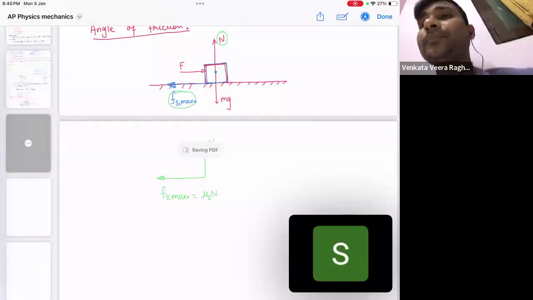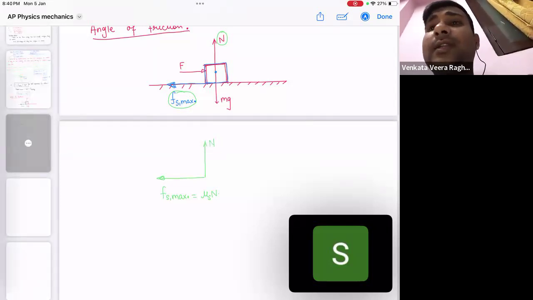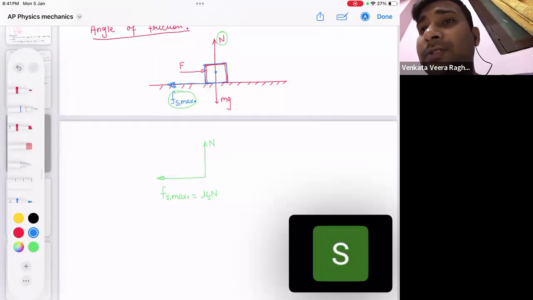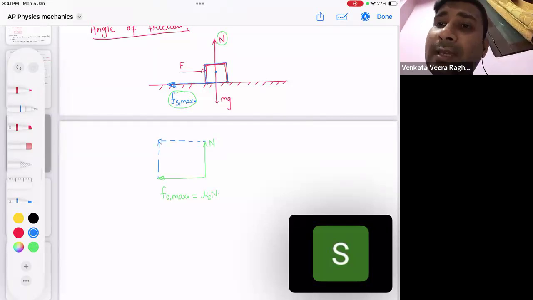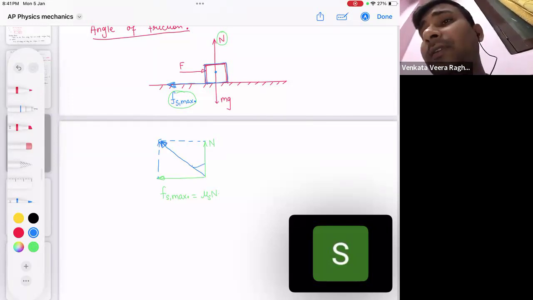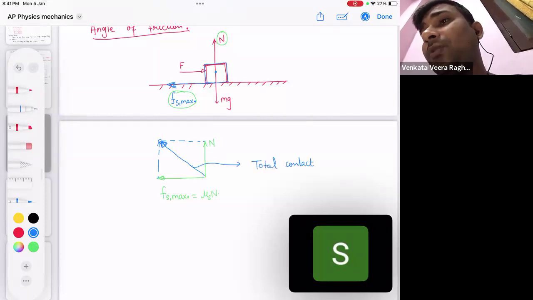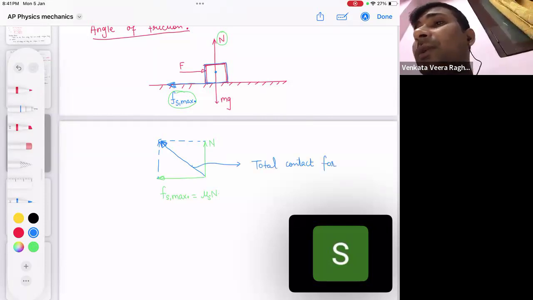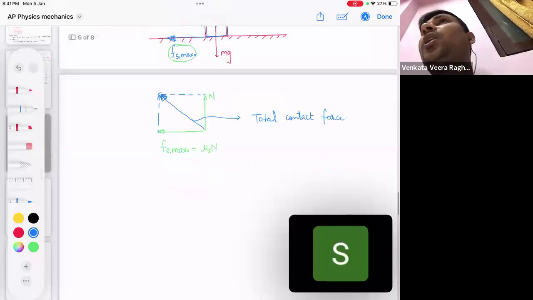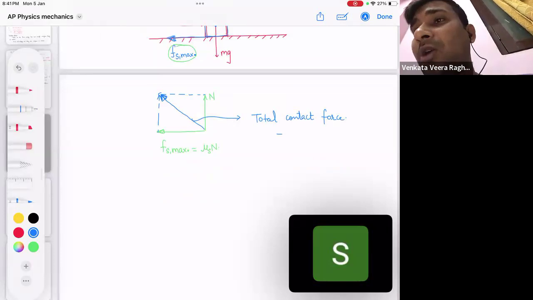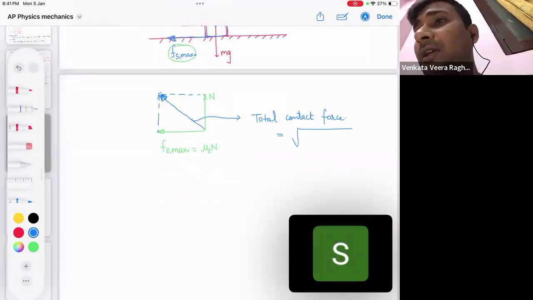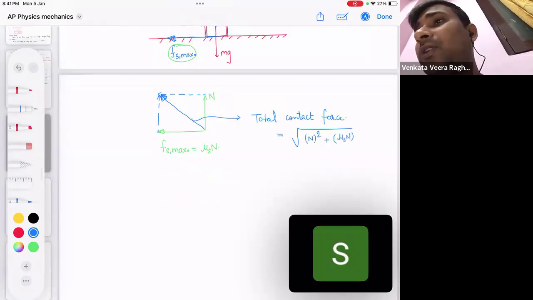Now, if I calculate the resultant of these two, can I say the resultant will come something like this? And what will this resultant be called? This resultant will be called the total contact force, or just contact force. How much is that going to be? Is that going to be under root of N square plus mu s into N square?